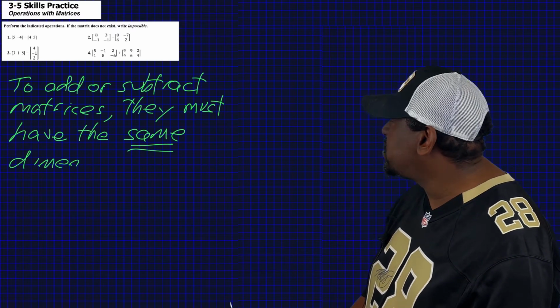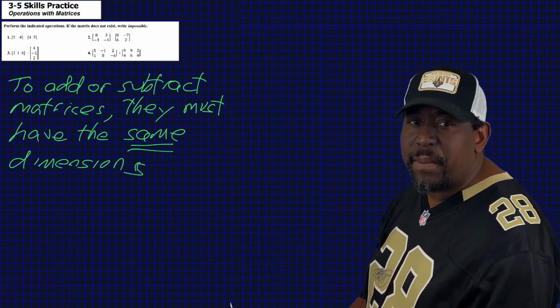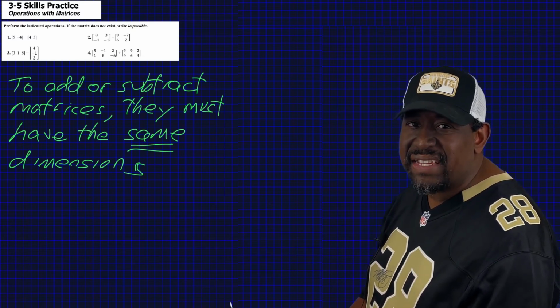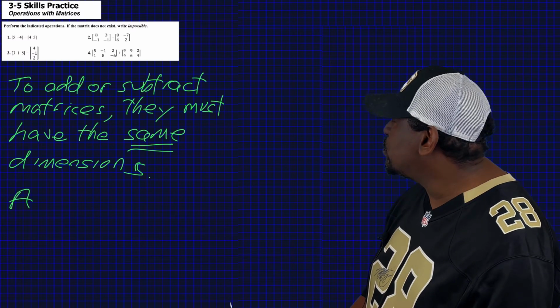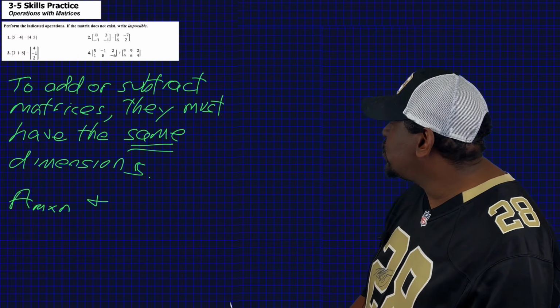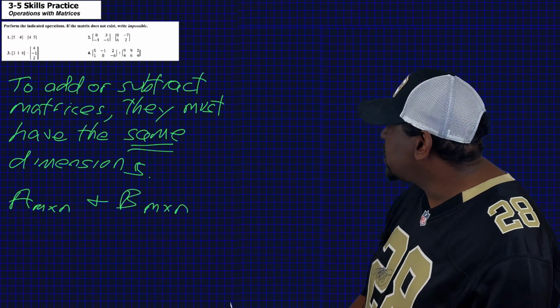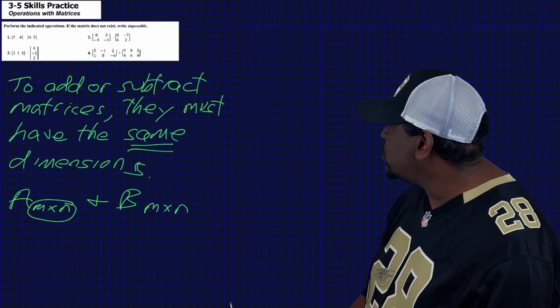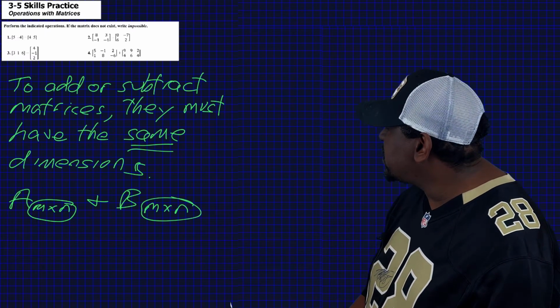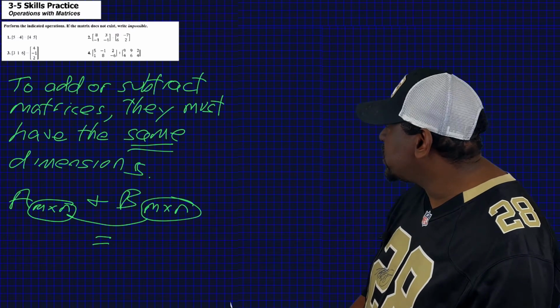So what do you mean by dimensions? Dimensions mean M by N. M represents rows, N represents columns. As you can see, this is the general form of a matrix. If you want to write the actual dimensions, M represents the rows, N represents the columns.